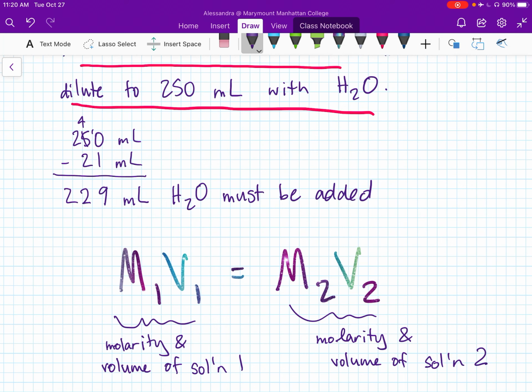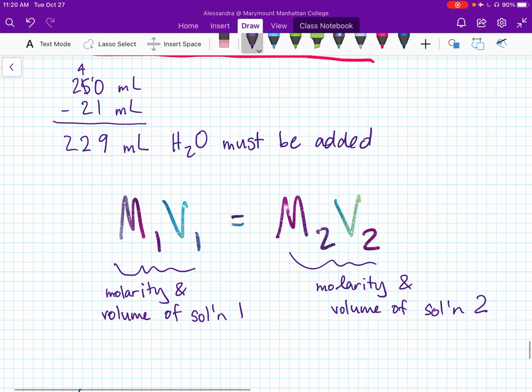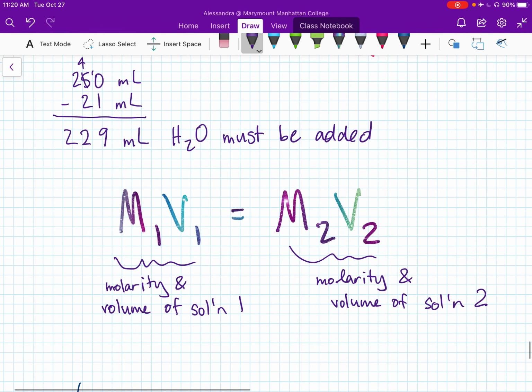So I could have used M1V1 equals M2V2 to solve the problem that we just did. In this formulation, M1 would be, let's just say it's 12 molar. V1 is what I'm trying to find out. I'll just give it a question mark.